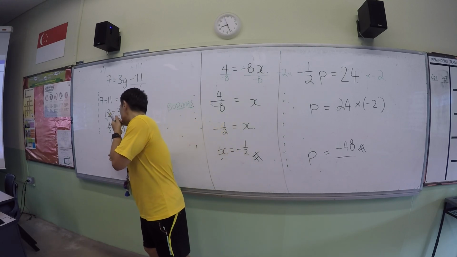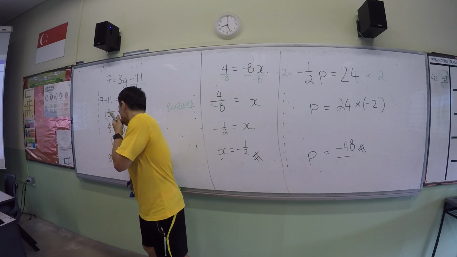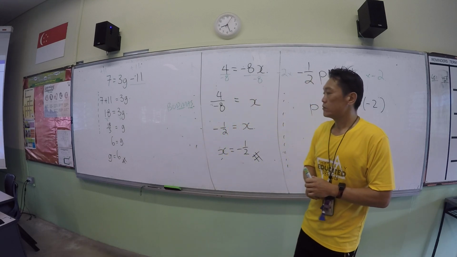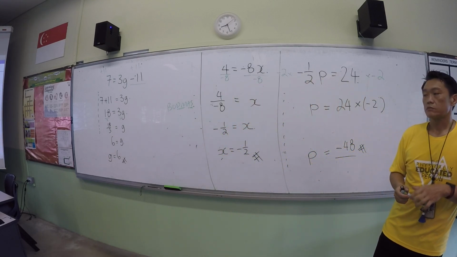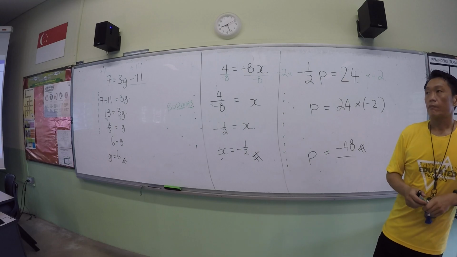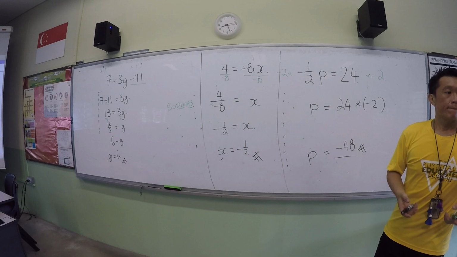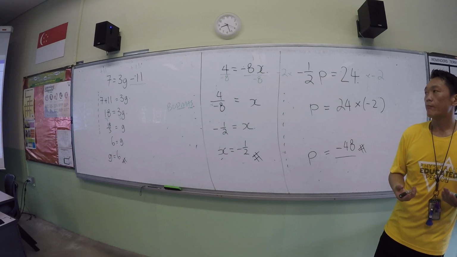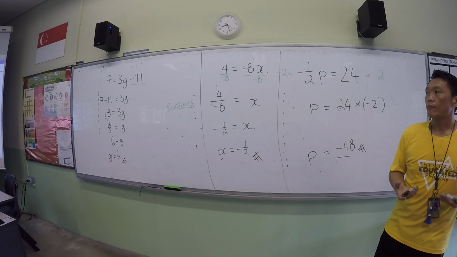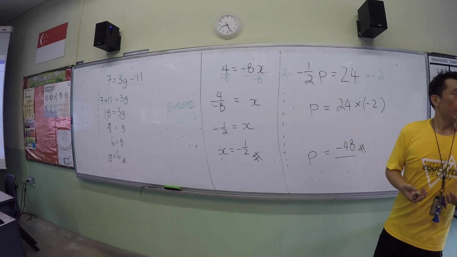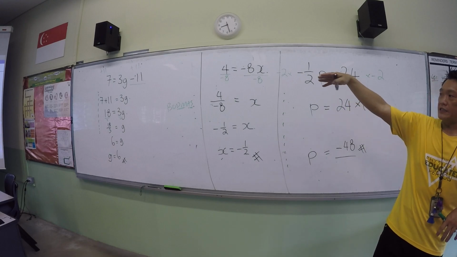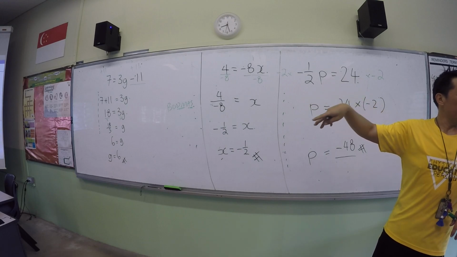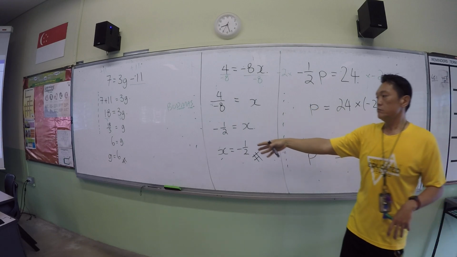Then we just switch them over so that my g is on the left. Okay? So we can always systematically write equivalent equations until we get to the solution.